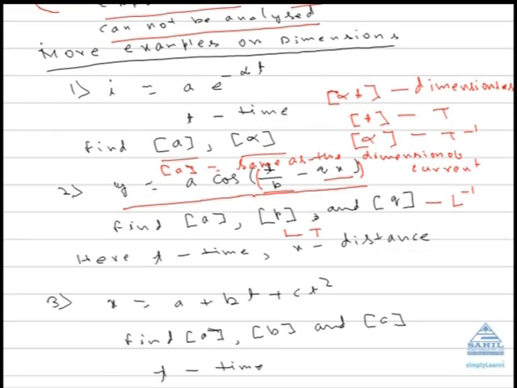Again, this quantity, that is t by p minus qx, is a dimensionless quantity. So if this equation has to hold, the dimension of a should be equal to the dimension of y. So the dimension of a is L, that is the dimension of y.